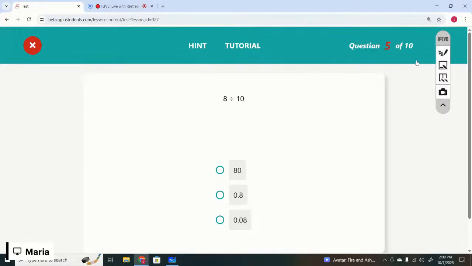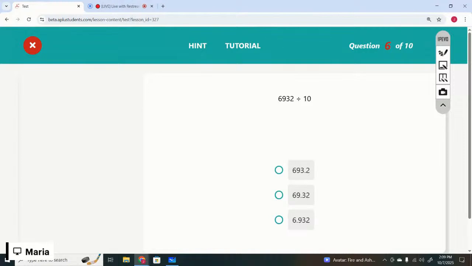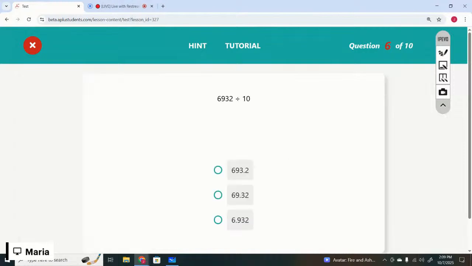Okay, 8 divided by 10 is 0.8. Option number 2 is the correct option. 6,932 divided by 10.